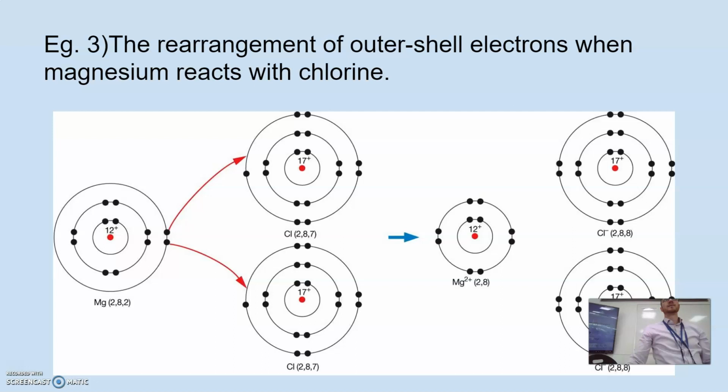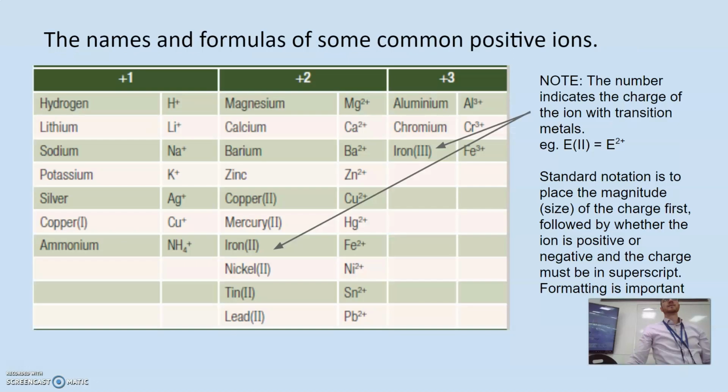Some common ions. Note that the number is listed first, so standard notation. If it's a 2+ charge, it's the element with 2+ in superscript. Notice with our transition metals, we need to indicate what the charge is.